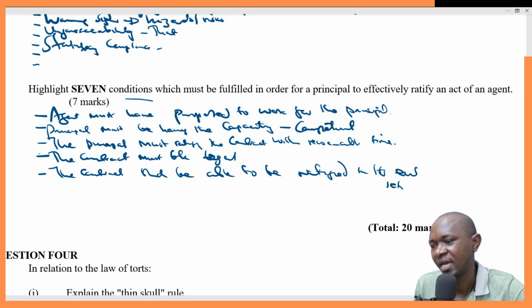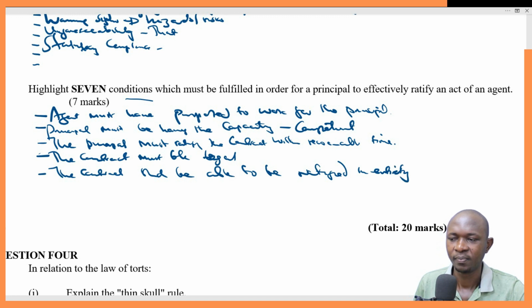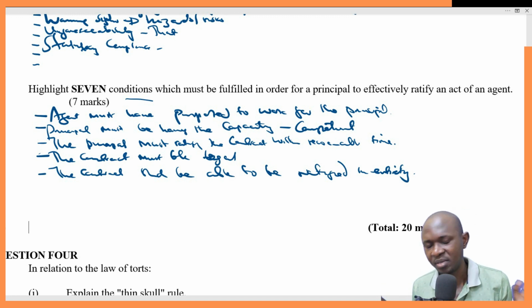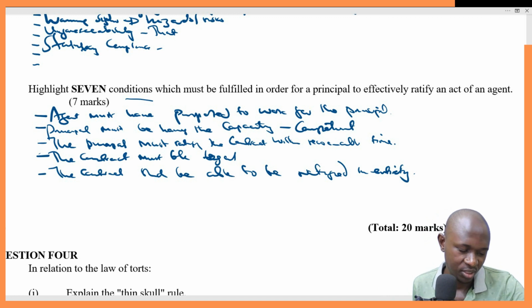So the contract must be capable of being ratified in its entirety, and not part of it. So if you are talking about accepting a bit and then the other bit, either you accept the whole of it or you reject the whole of it. So it's one of the conditions.